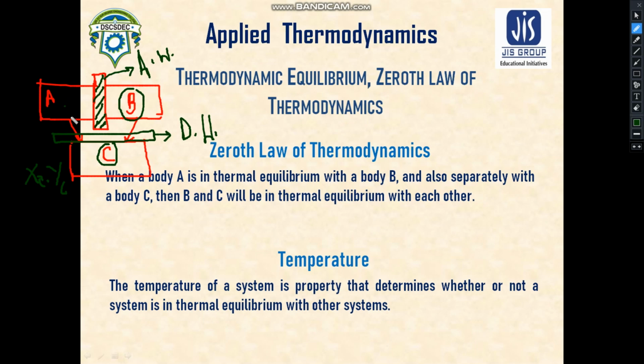Both systems A and B have attained the same value.